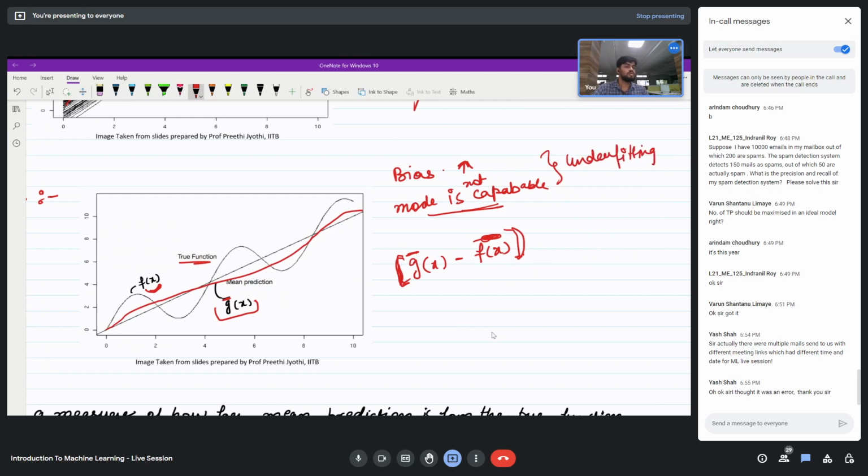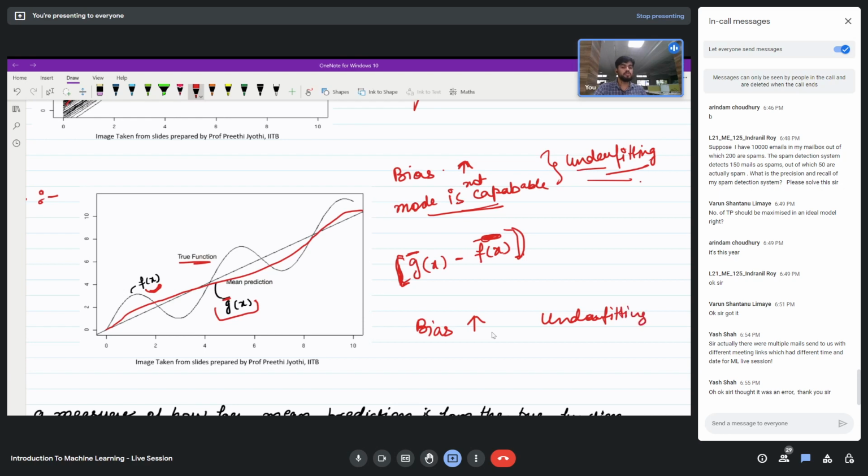Your model is not advanced or capable enough to fit to the actual data. So if your bias is high, that means you might suffer from underfitting.